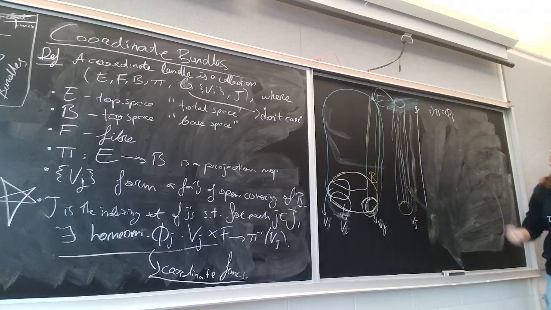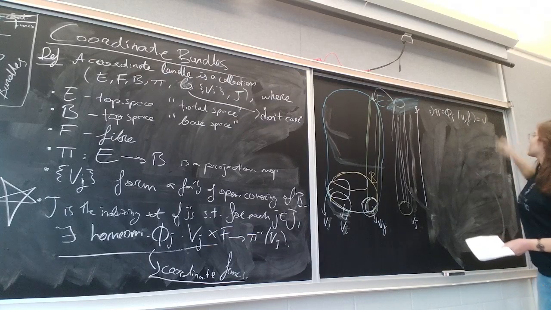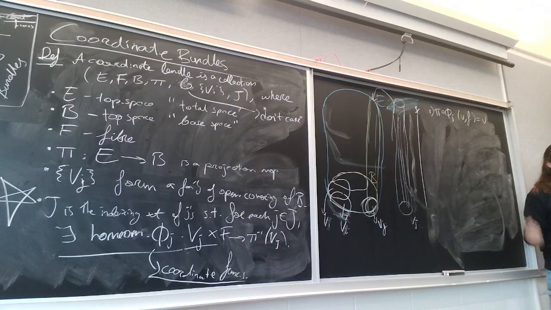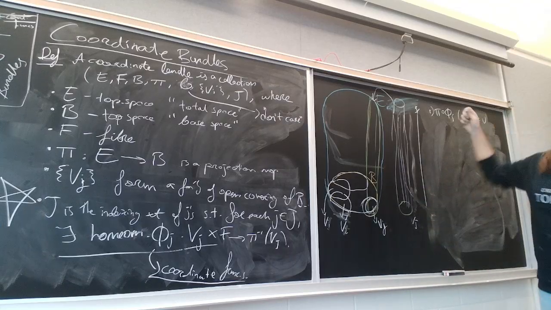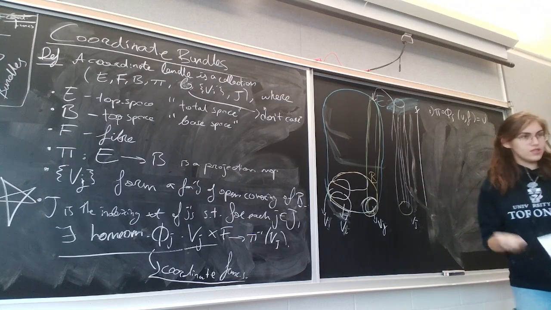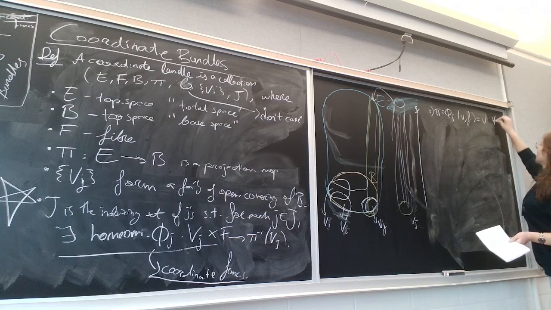So if you put V and F inside it, it will just give you V. So V is not moved. We just stick a fiber up onto it, you put it in the total space, and then you project it so you don't see the fiber anymore, and the point is always fixed. Nothing happens to the point for every V and F.